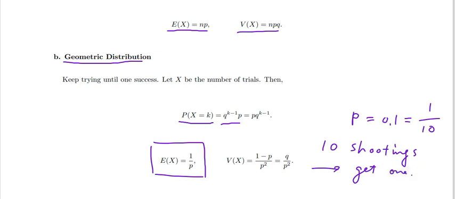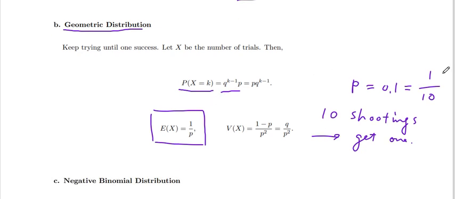So the average number of shots EX equals 10, which is 1 over p.